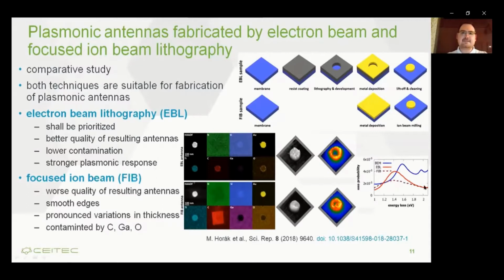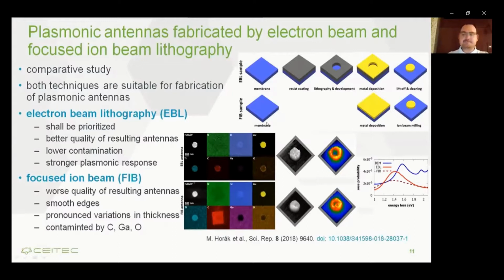On the other hand, we have to say that EBL fabrication is more complicated because first you have to coat your membrane with resist, then do the EBL and development, then you deposit the metal, and at the end, after lift-off and cleaning, you have your sample ready.